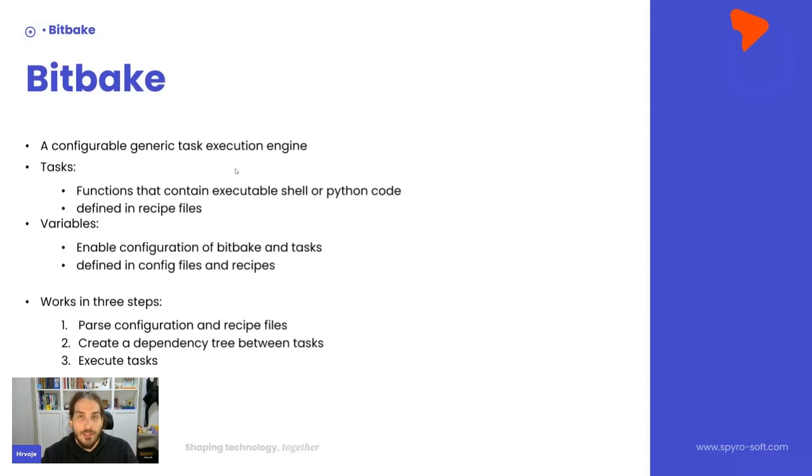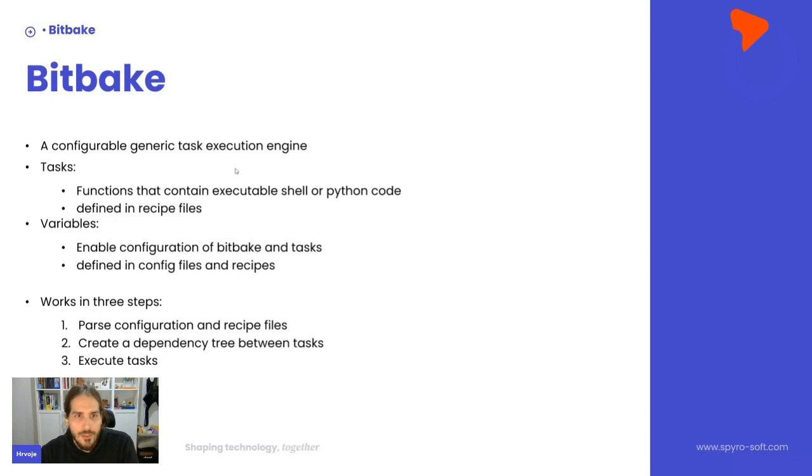For example, in theory, you could use it to build your, let's say, C++ application instead of using CMake or autotools, or maybe even build a Java application instead of using something like Maven. However, as far as I know, it's only used in Yocto project for building Linux distributions.